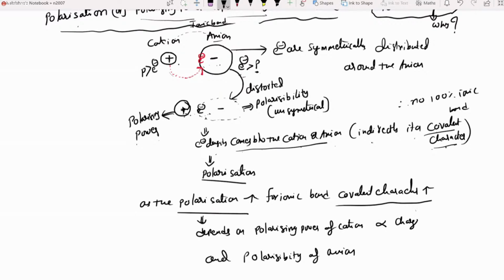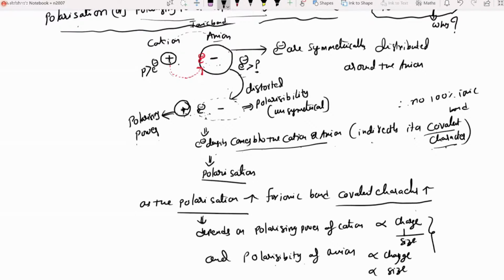If the cation charge is more, the attraction will be more. Size: if it is small size, it attracts the electron more. Polarizability of anion: the more the charge, the more easily it will be attracted by cation. Next, anion size should be big; only then is it closer to cation.